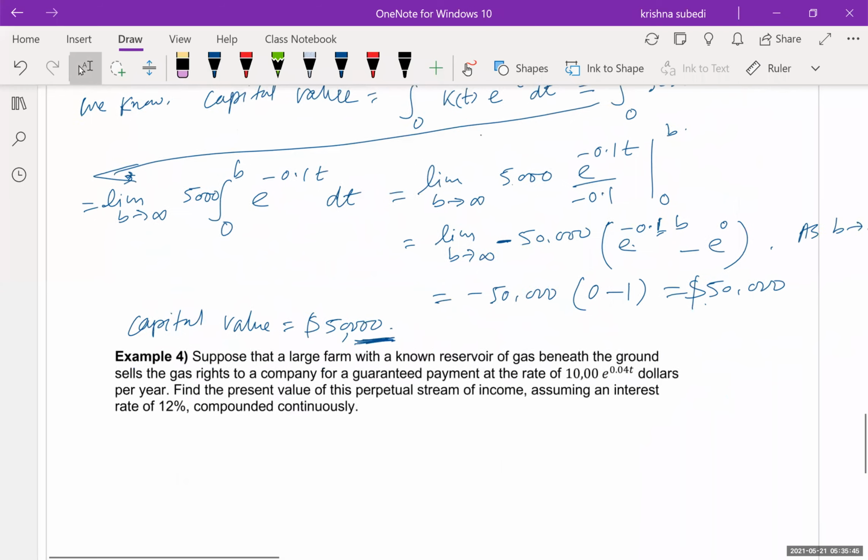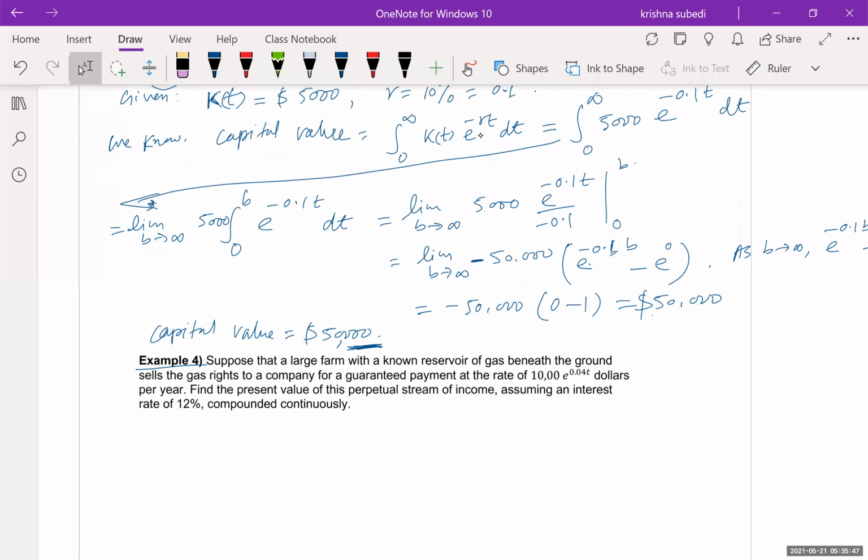All right, so let's look at this example quickly. Suppose that a large farm with a known reservoir of gas beneath the ground sells the gas rights to a company for a guaranteed payment at the rate of 10,000. Oh, this is a typo.